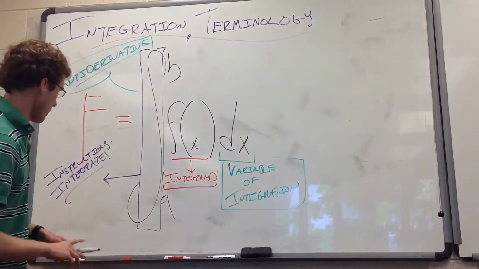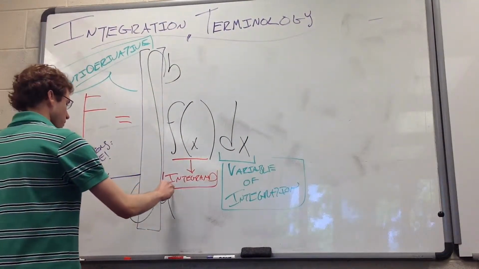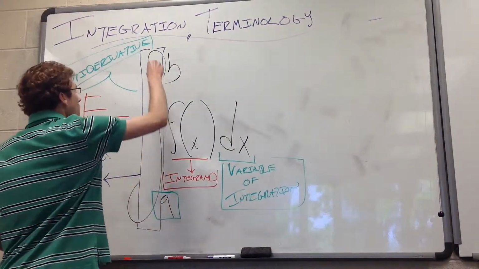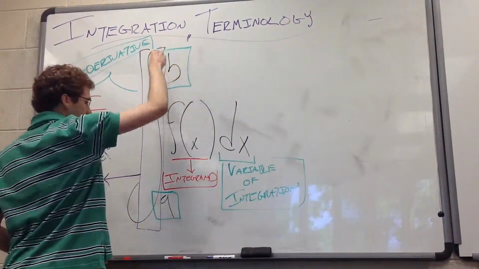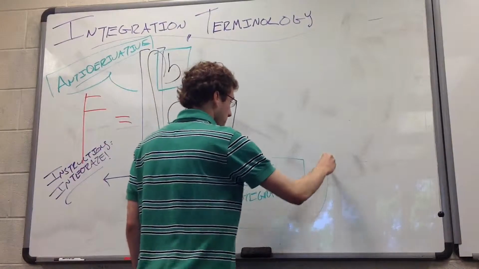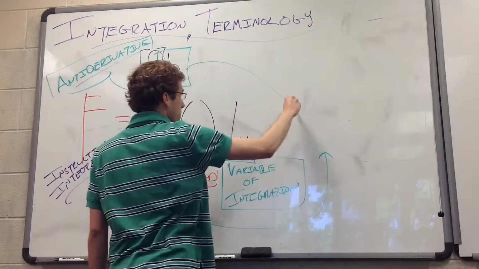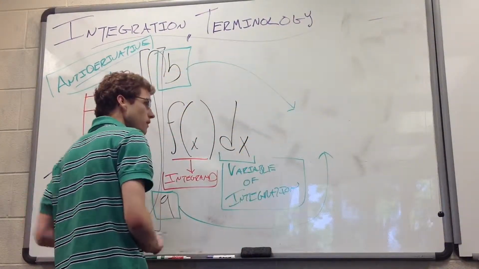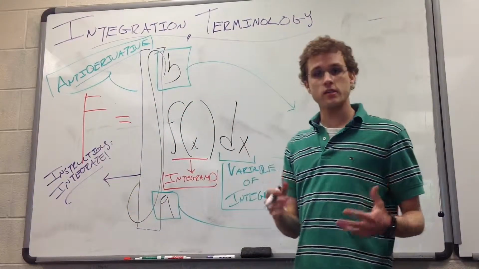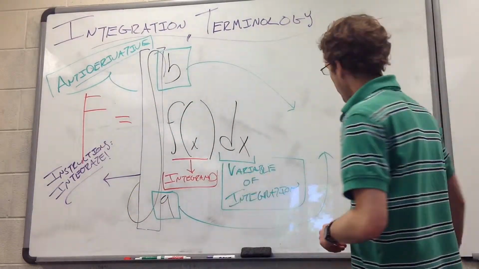All right, and now what do we have left? Well, we have these guys left right here. A and B. These are the limits of integration, or the interval over which we're integrating.